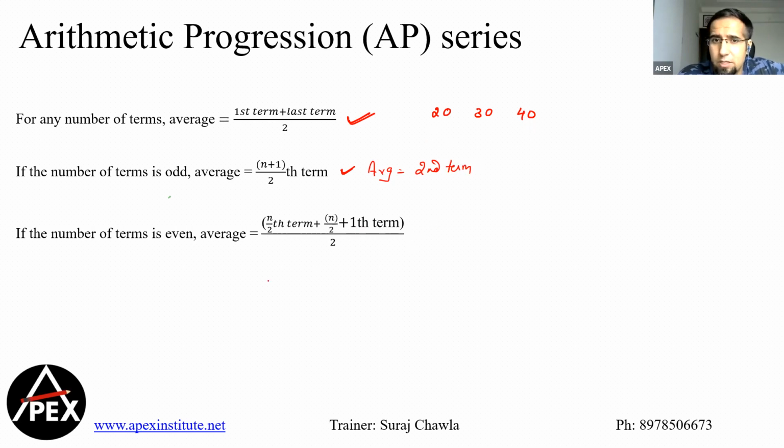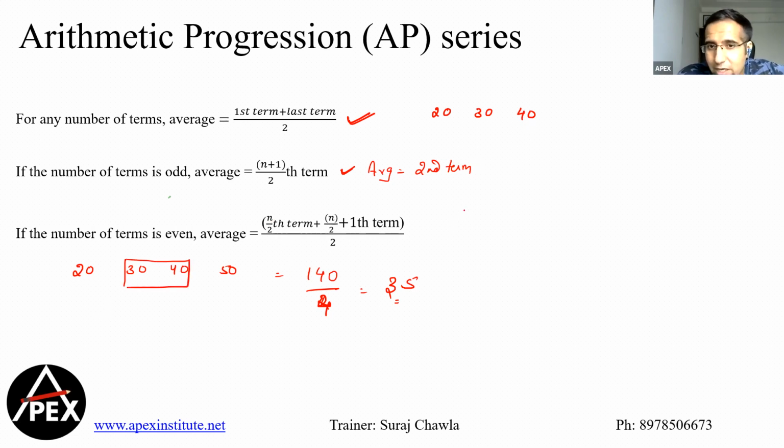Now, suppose the number of terms is even: 20, 30, 40, and 50. Calculate the average, guys. 20 plus 30 is 50, 50 plus 50 is 100, that is 140 by 4, sorry, my bad, and that is going to be 35. Now, the shortcut says it is the average of the middle two terms.